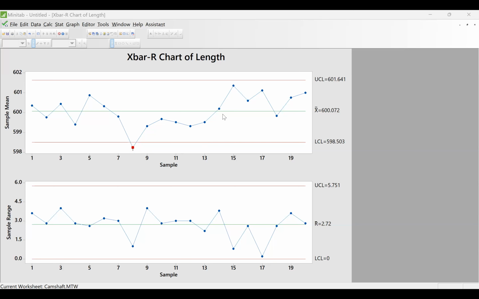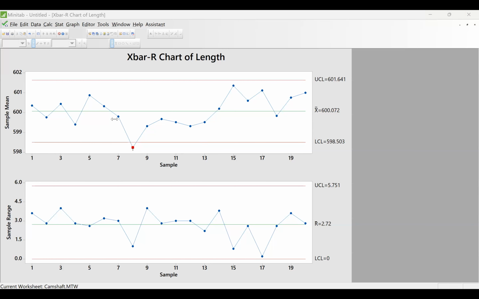Now look at the X bar chart. Are you seeing all the points inside the control limit, or is there any point outside the control limit? Except the 8th point. In the 8th shift, let me pick up one person here. Saravanan is the shift manager.